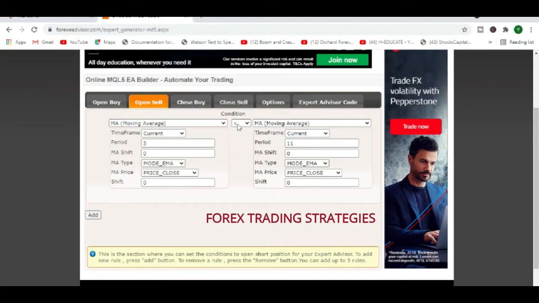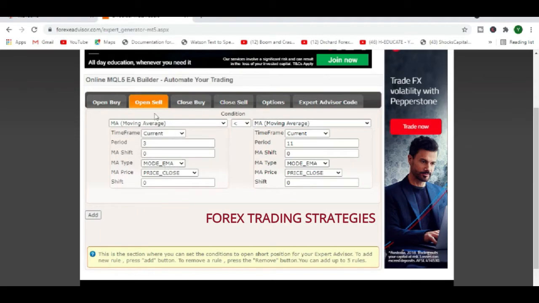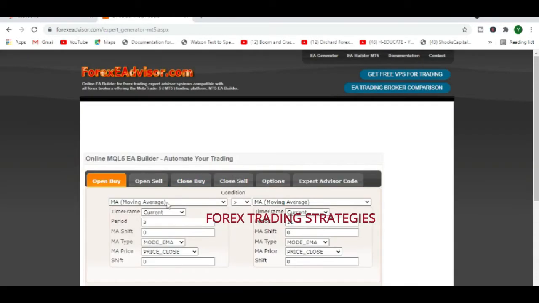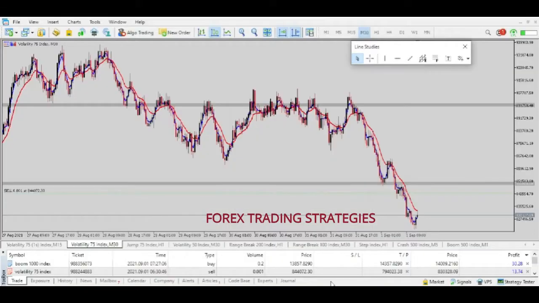When moving average 3 goes below moving average 11, we want our Forex robot to open a sell trade. When moving average 3 goes above 11, we want the robot to buy, and it will automatically close that sell trade.